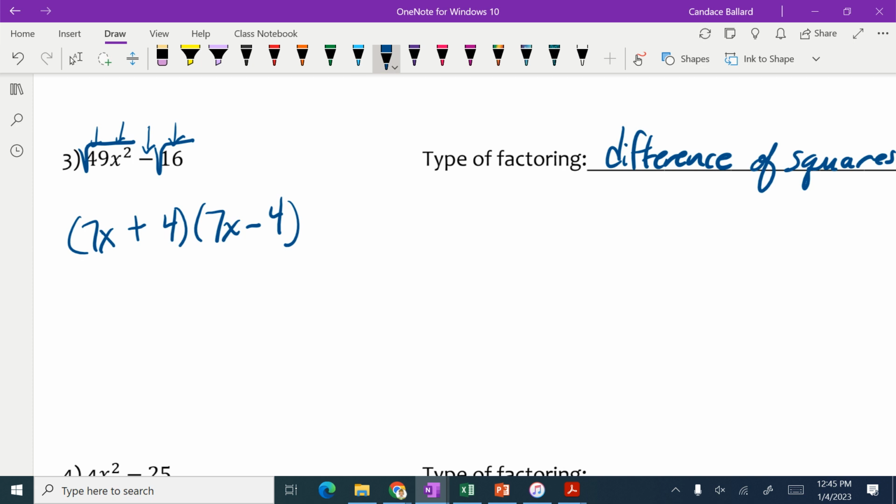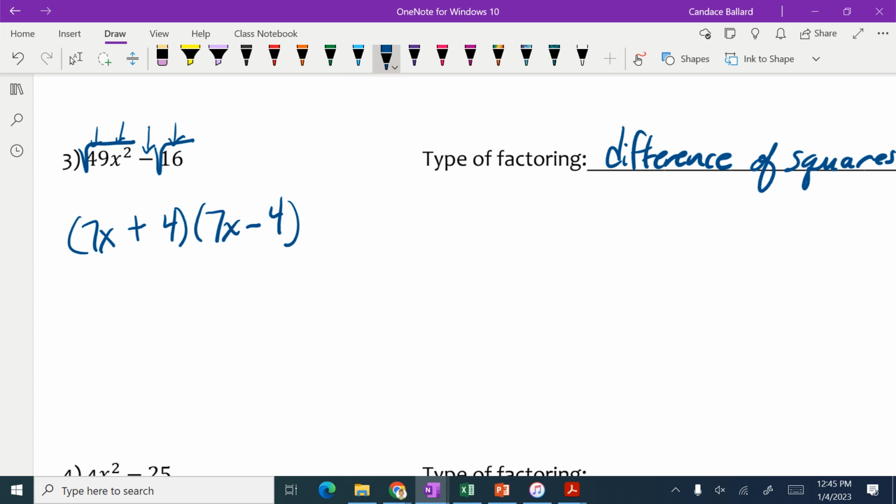All right. I want you to try number 4. So everybody's going to try number 4 right now. Just leave it. That's it. You're done. Okay? We're not trying to solve or anything. We're just factoring today. Okay? Do not go for it. Did you do number 4 already? Yeah. Oh, okay. You're ahead.